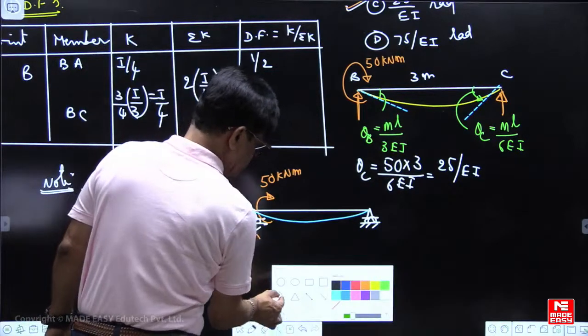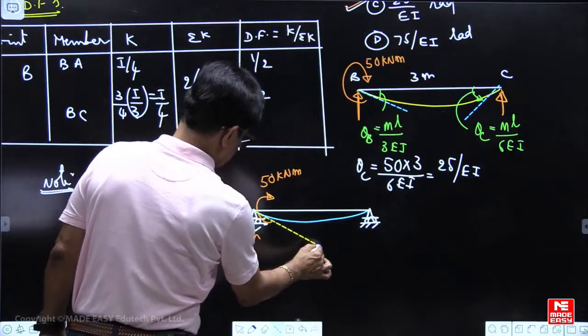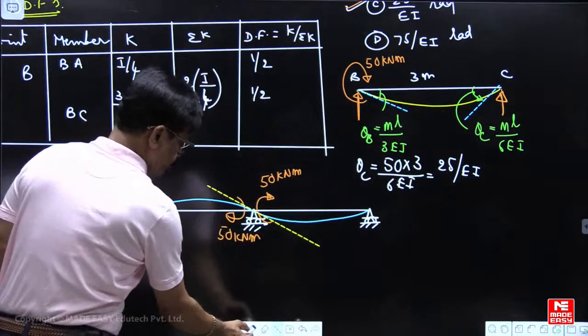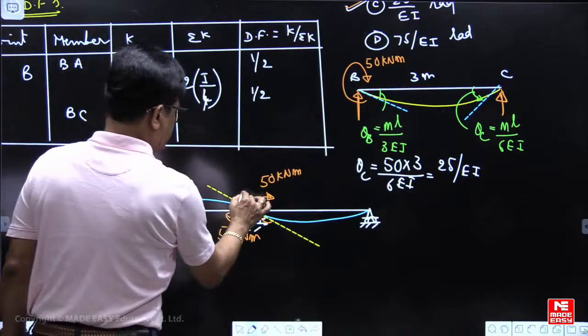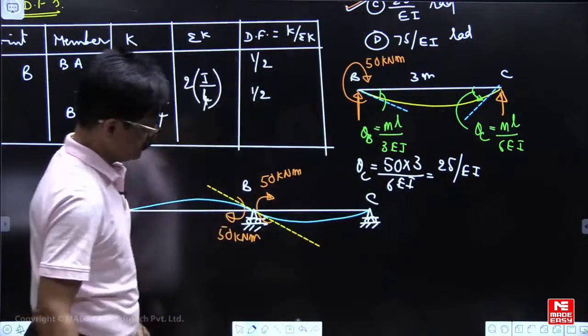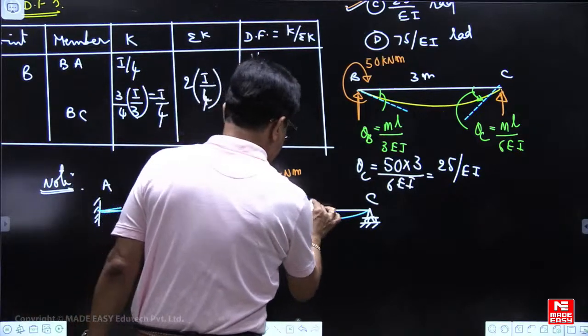This is the deflection profile. This point is A, B, C. This is 4 meters and this is 3 meters.